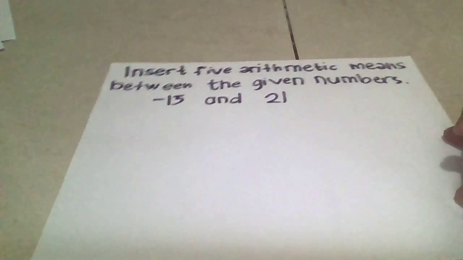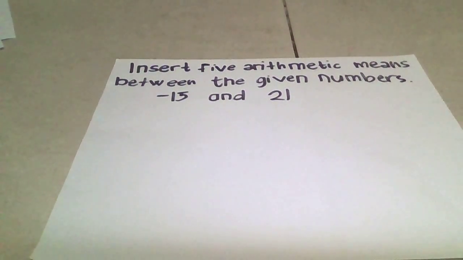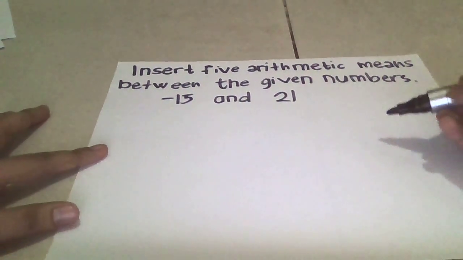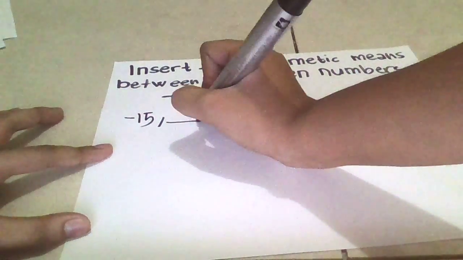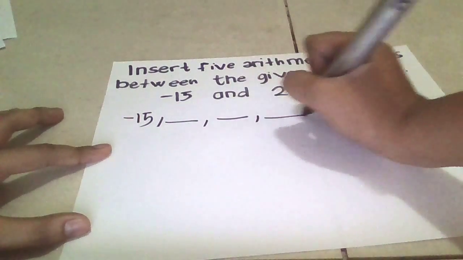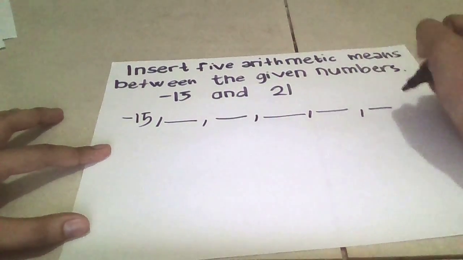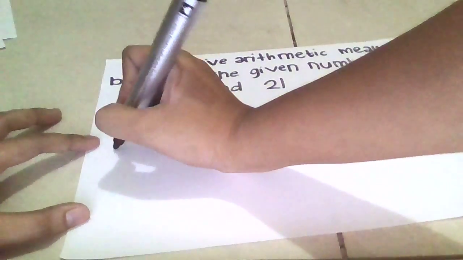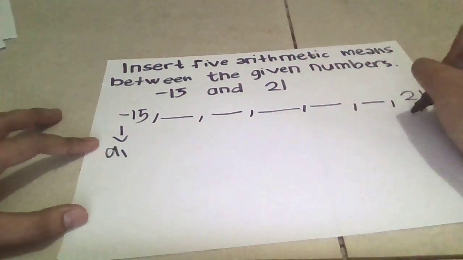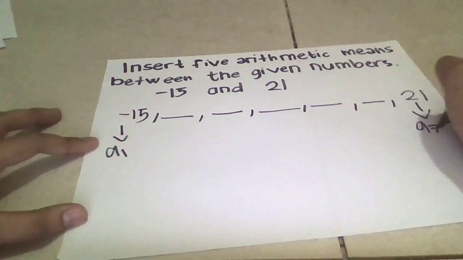Next is insert 5 arithmetic means between the given numbers, negative 15 and 21. So I'm going to list down the negative 15, 1, 2, 3, 4, 5, and 21. So this is your a sub 1 and this is your a sub 7.